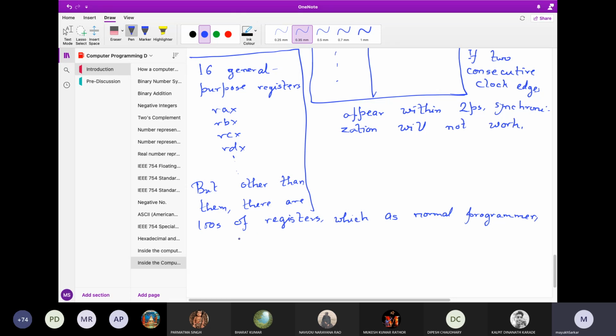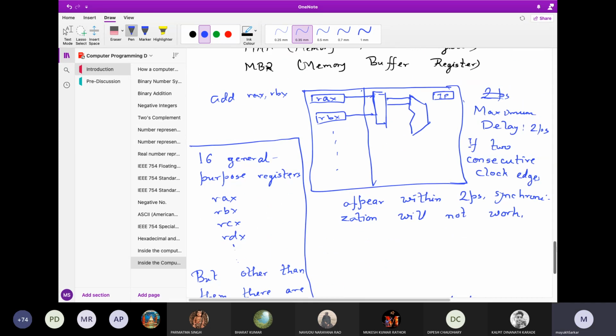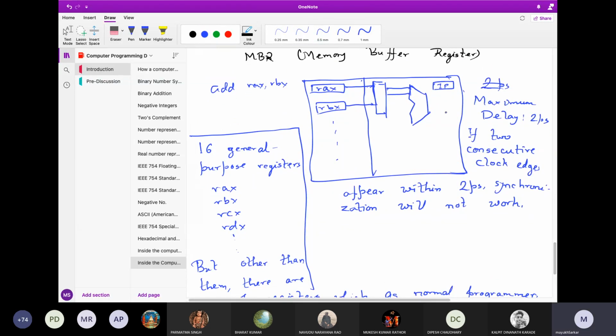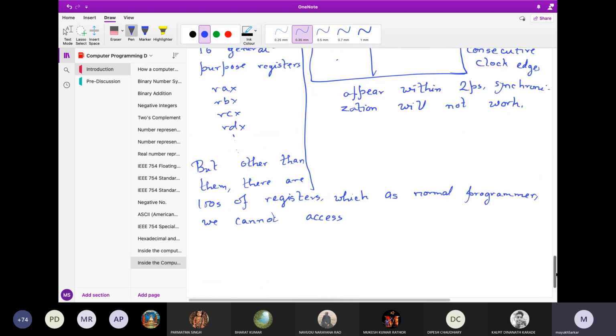For example, this instruction pointer, we cannot access it. We cannot write our own choice of address to the instruction pointer. Only these 16 general purpose registers are what we can control via programming. The rest of the hundreds of registers are there for internal calculations of the CPU and operating system.